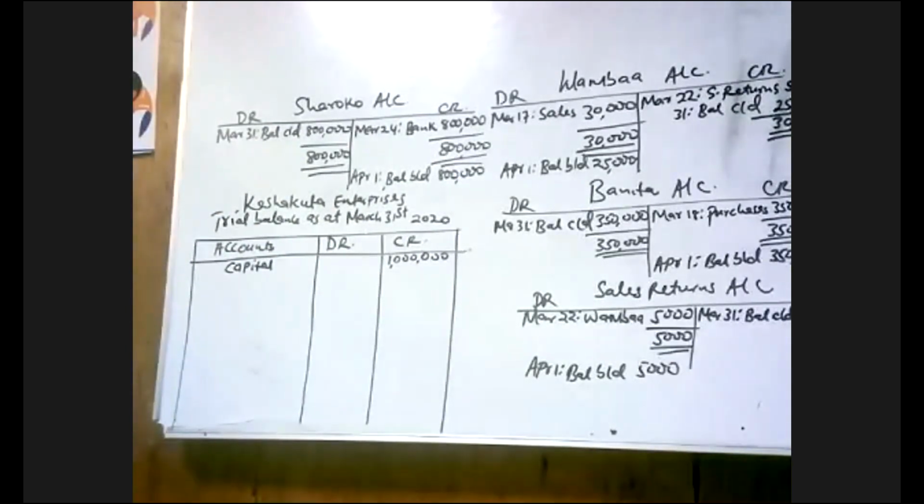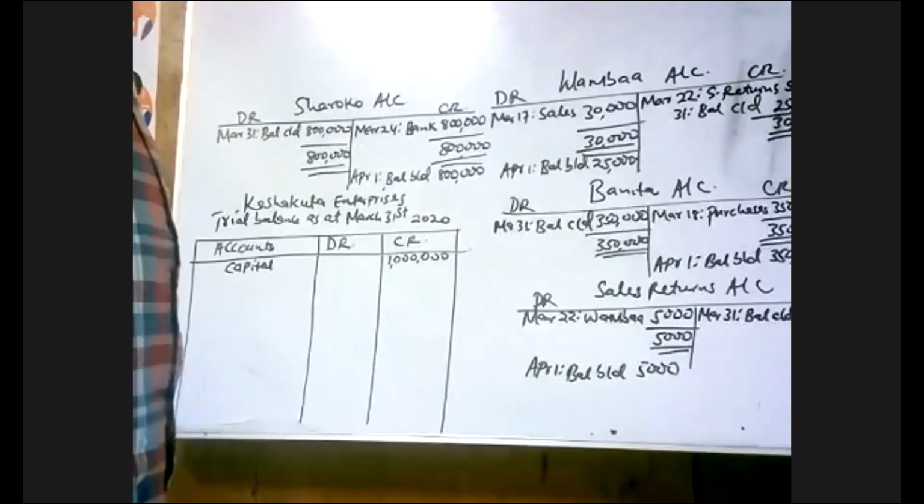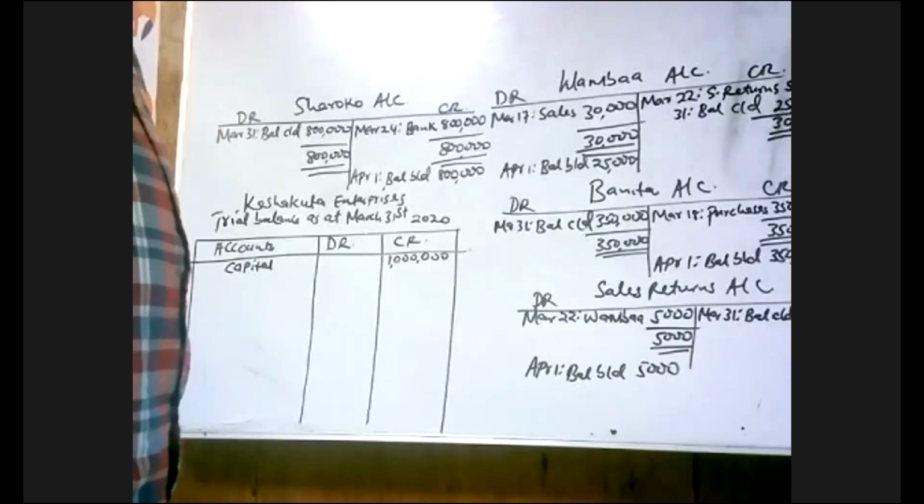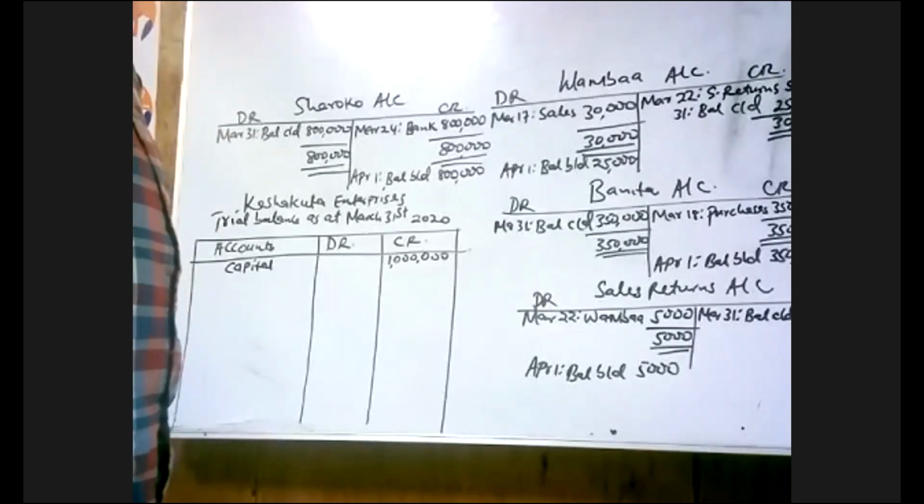Sorry, Mwalimu, I'm not understanding there. I think I'm a bit lost. Can you see where you are lost? We clarify. So the capital account, on the credit side, there's already 1 million. So the balance brought down is on the debit side, right?